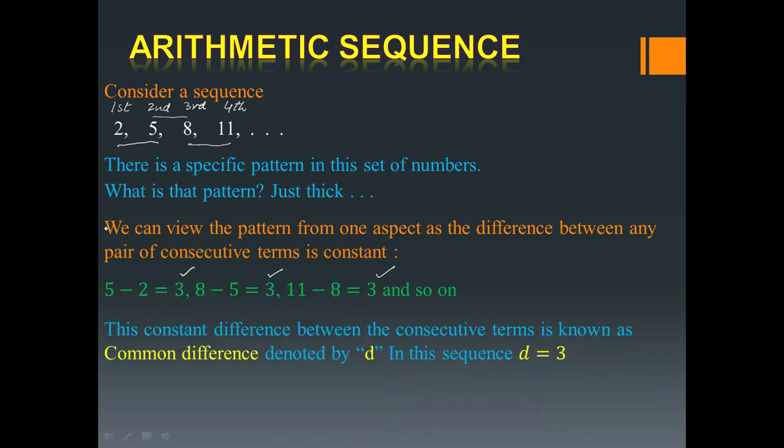So the difference in each case is constant. This constant difference between the consecutive terms is known as common difference, and it is denoted by d. In this sequence, d is 3.